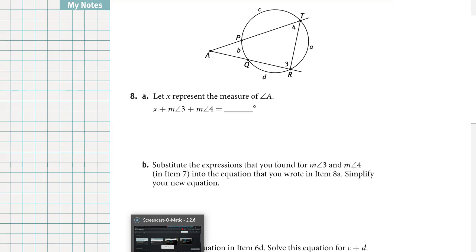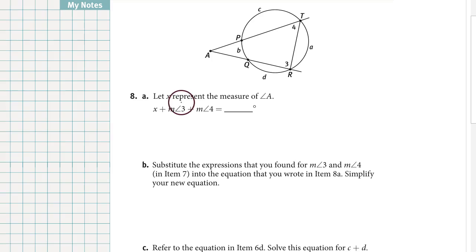Let's jump ahead and try just one more sample, problem 8. In question 8, we're told, let x represent the measure of angle A. So inside angle A, that's where we're writing the variable x. How much is x plus angle 3 plus angle 4? Well, we got a very confusing picture.